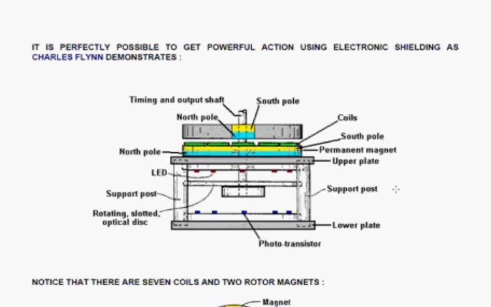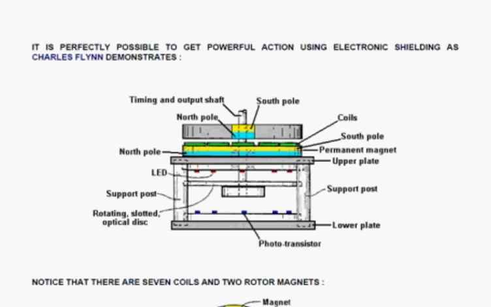There is a very clever user called Charles Flynn, and he demonstrates a way of getting this powerful rotation without having any moving magnets. Now, the way he does that is he takes a disc magnet where the one pole is shown in yellow and one pole is shown in blue. That's going across here.